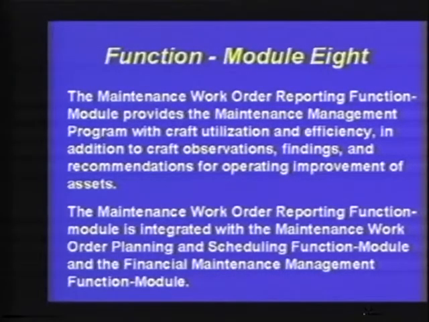And the last paragraph addresses the integration of maintenance work order planning and scheduling with not only the reporting activity, but also with the financial maintenance management function, which is module 9, if you remember, in our maintenance management program.